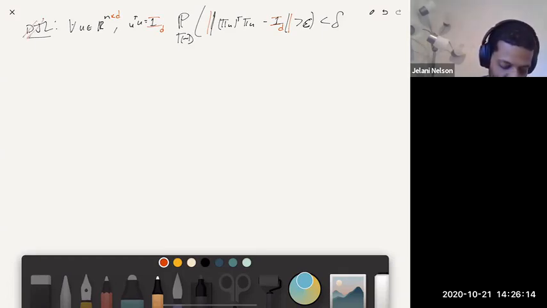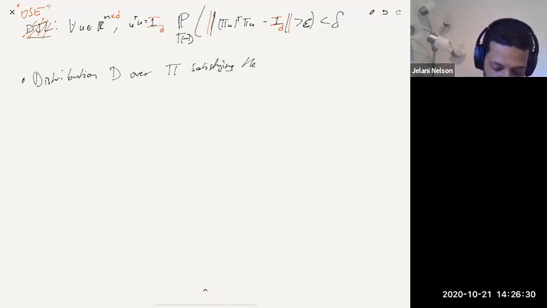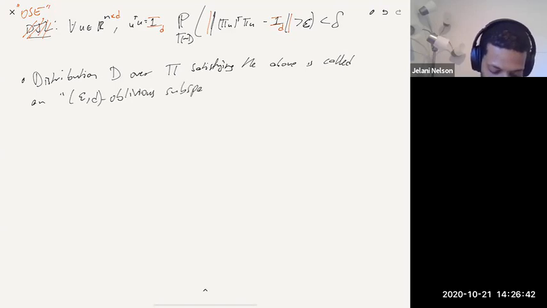And this is what I'll call an oblivious subspace embedding. So a distribution D over pi satisfying the above is called an epsilon, d oblivious subspace embedding.